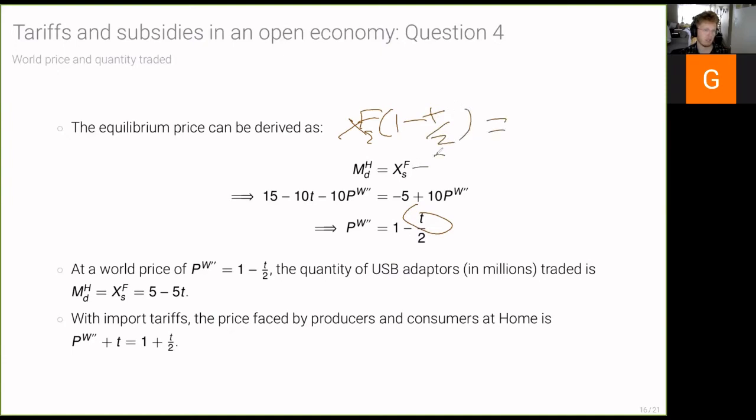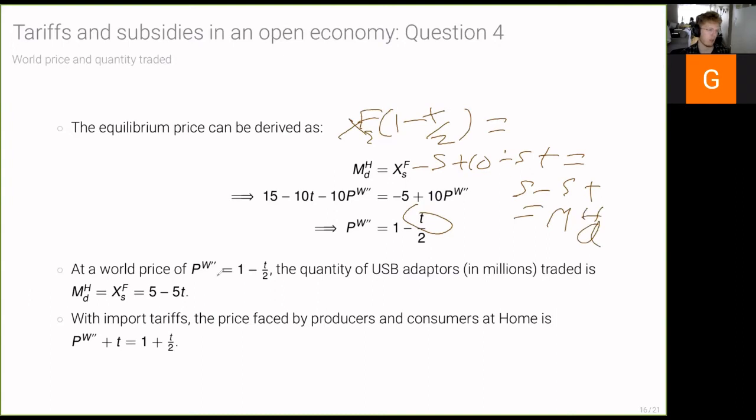So what is that going to be? It's going to be 5 times, 10 times 1, so that gives us 10 minus 5T. And so that gives us positive 5 minus 5T. And of course that must be equal to home's import demand.